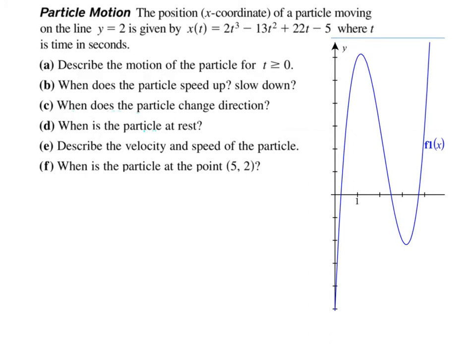If I graph the function, here's what the graph looks like. We were looking at it for t greater than 0, so if we were describing this position function, x is moving closer to us until it's right at us, and then it goes farther away, and then it gets closer until it's right at us again, and then it's farther away, and then it gets closer until it's right at us, and then it gets farther and farther away.